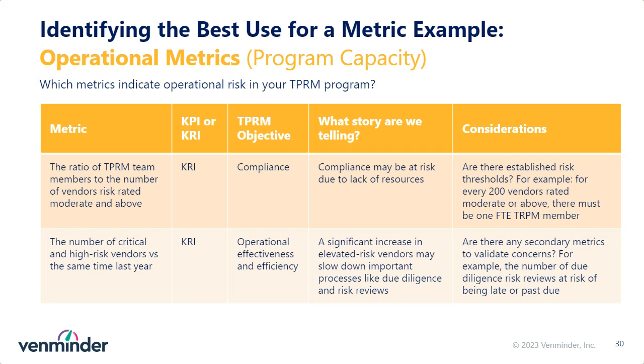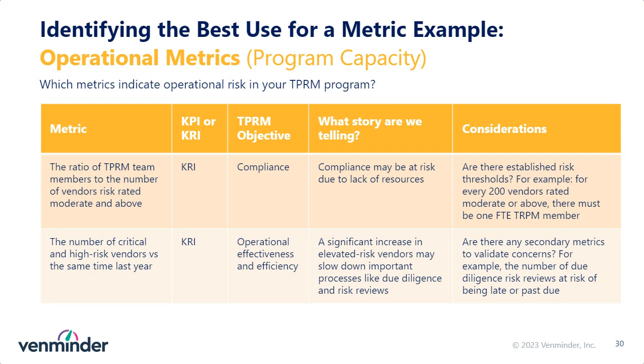full-time TPRM member. Or we might look at the number of critical and high-risk vendors versus the same time last year, right? Also a KRI. But this one can support operational effectiveness and efficiency, because if we're seeing a significant increase in those elevated risk vendors, this could slow down our ability to get through important processes like due diligence and risk reviews in a timely fashion.